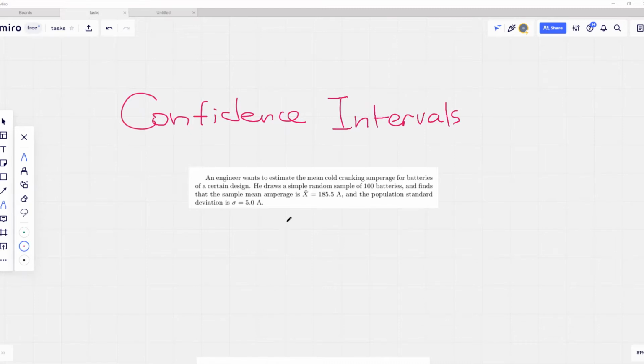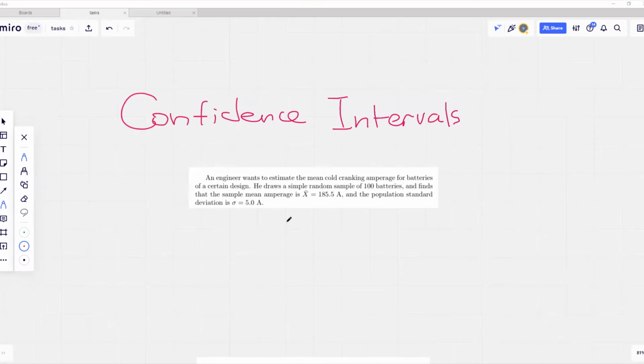Let's assume that we would like to make some inferences about the population mean, which is unknown in this case. So we would probably start by using X bar as our point estimator. X bar equal to 185.5 is our point estimate of the population mean, which will not be exactly equal to the population mean.